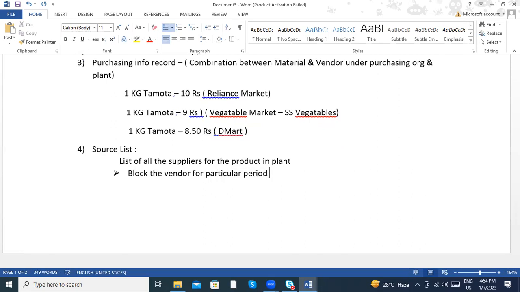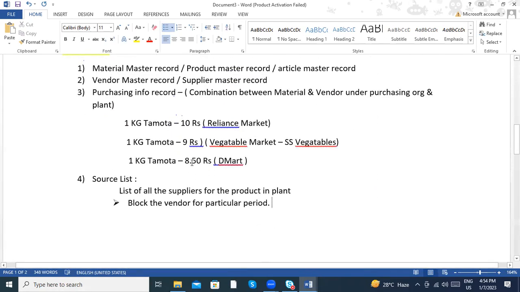Let's take an example. I am regularly going to DMart and buying this product. But there may be some marriage season, a peak stage. Sometimes DMart is not able to supply this product, or there is a high demand and they are not able to supply the goods.